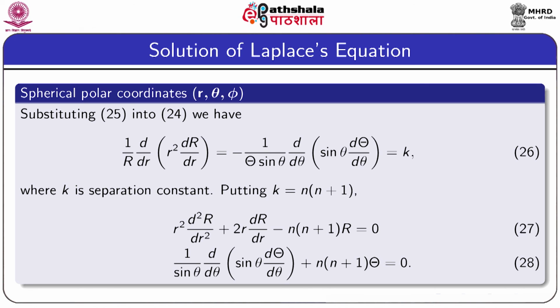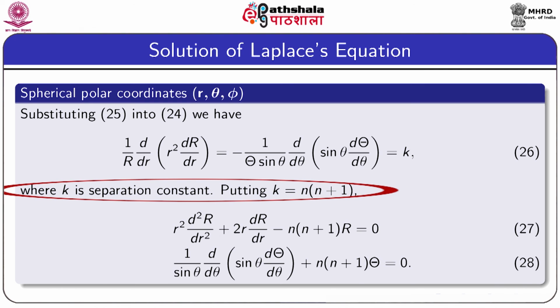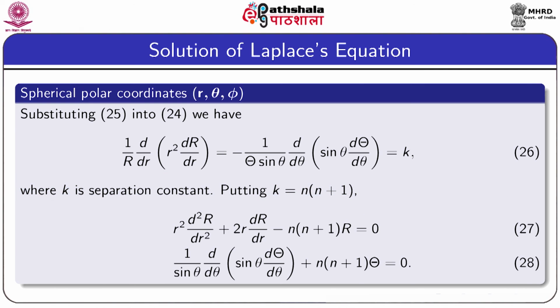We can separate the expression for capital R and capital theta, which is written in 25. Let k be the separation constant, and we substitute the value of k as n into n plus 1. So, if we substitute that, we get the equation for capital R, which is written in equation number 26, and the equation for capital theta, which is written in equation number 27.